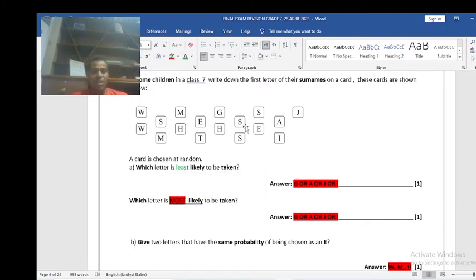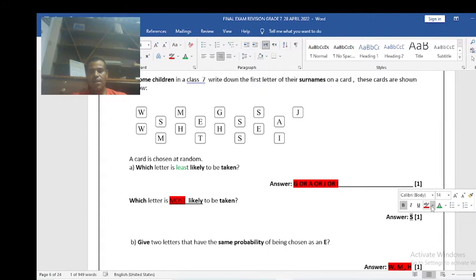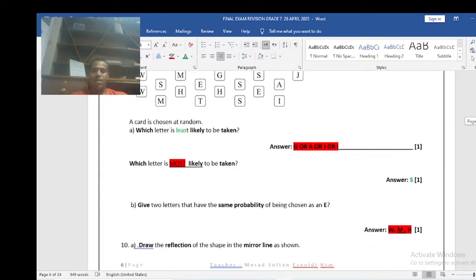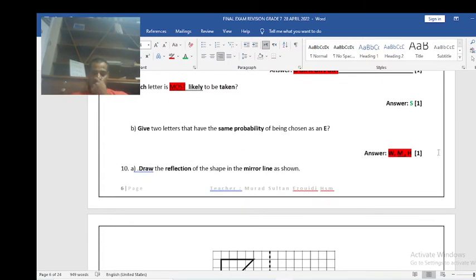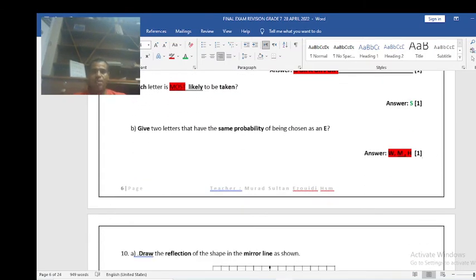So what is the letter that you see likely to be taken on S1, 2, 3, 4? So the answer here for my learners is S. Okay, thank you for revising your final exam.